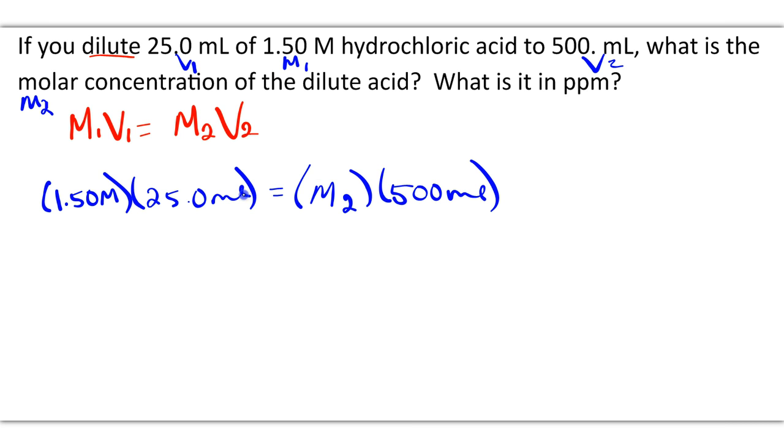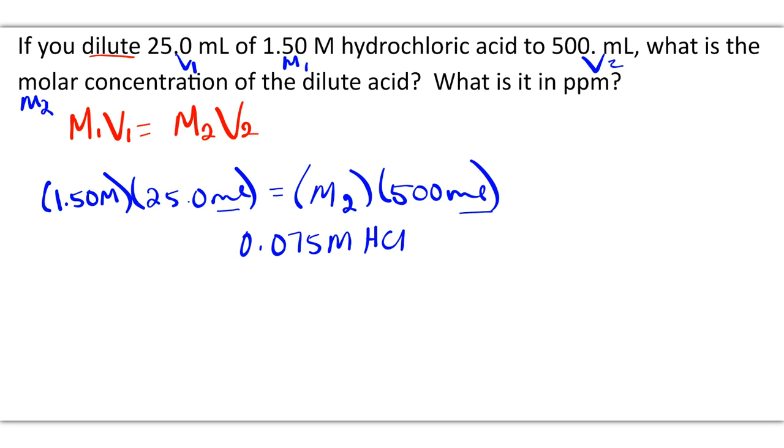Please keep in mind that as long as both your volumes are in the same unit, then it's going to cancel out, and so you can keep them in milliliters or you can have them both in liters. So when I multiply 1.50 molar times 25.0 divided by the 500 in order to solve for M2, I'm going to get 0.075 molar HCl.